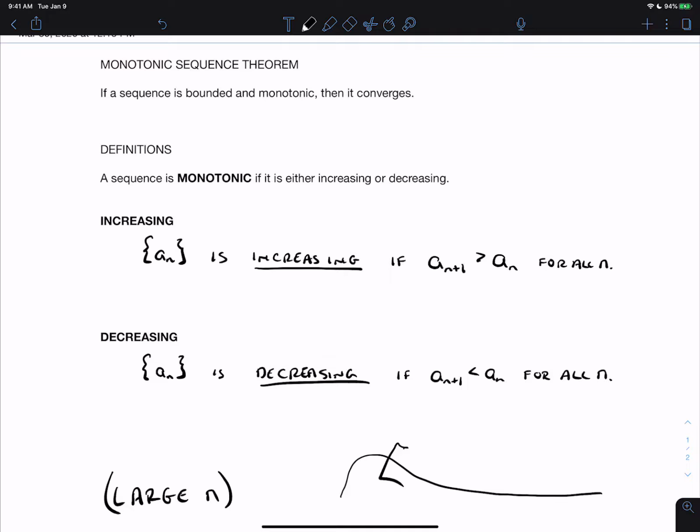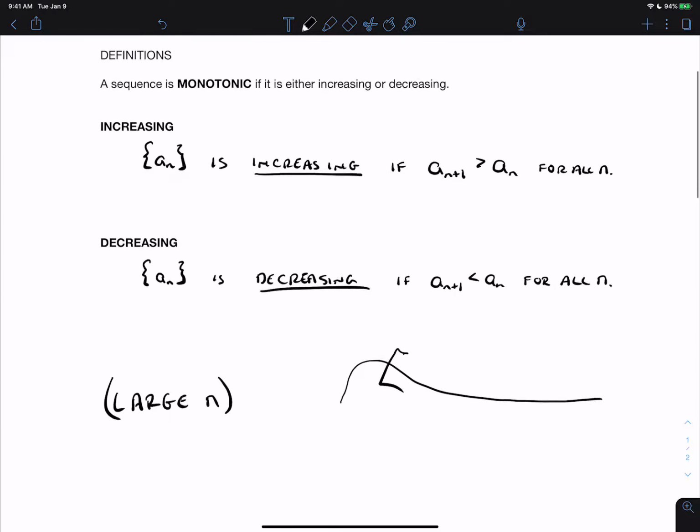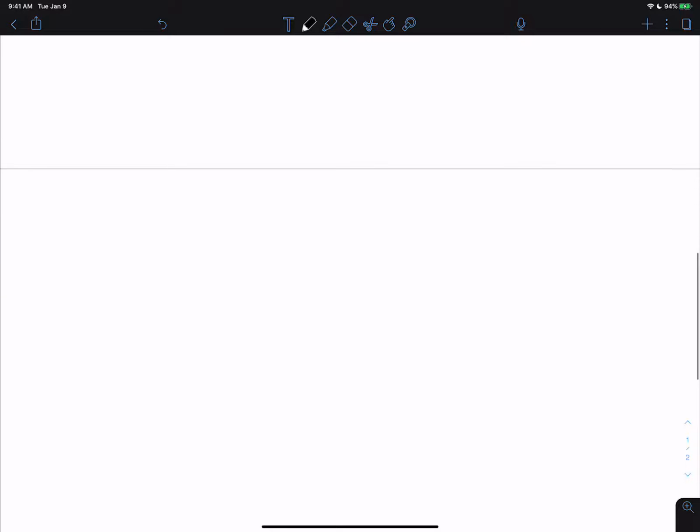So the next thing we're going to do is look at how to prove that a sequence is monotonic. Let's look at 3 methods for showing that a sequence is monotonic, which means that we're trying to show whether it's increasing or decreasing.